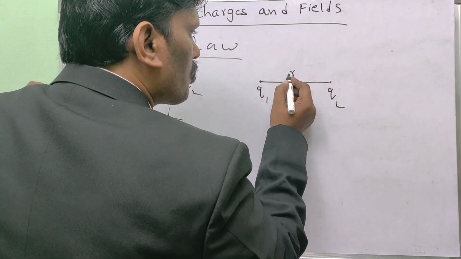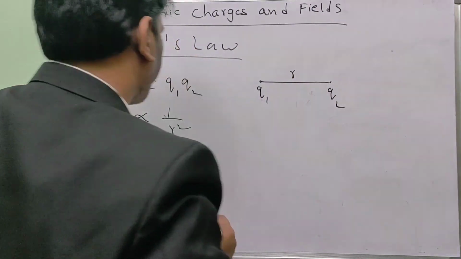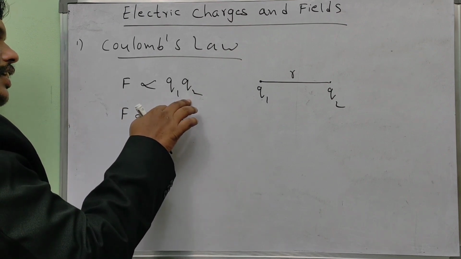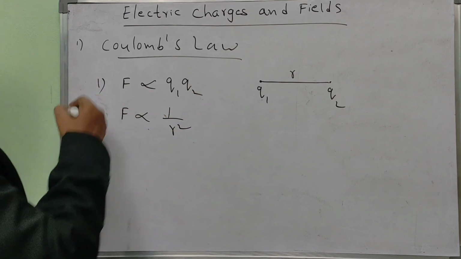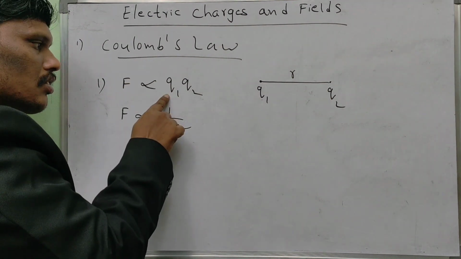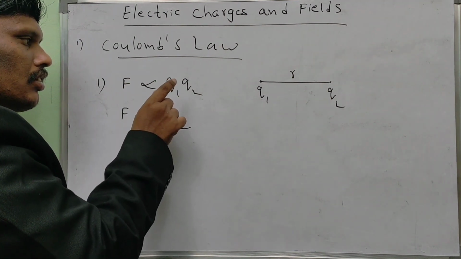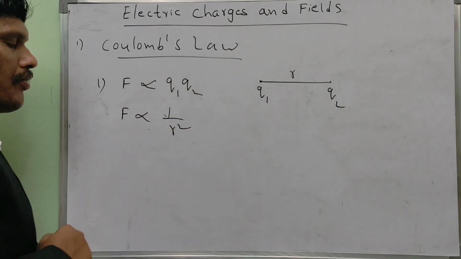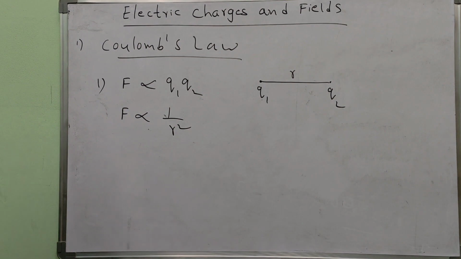If the distance between the two point charges is r, the first point is that the force between the two charges is directly proportional to the charges. What is the meaning of that? If at least one of the charge magnitudes increases, the force will increase. That is the meaning of force being directly proportional to the product of charges.